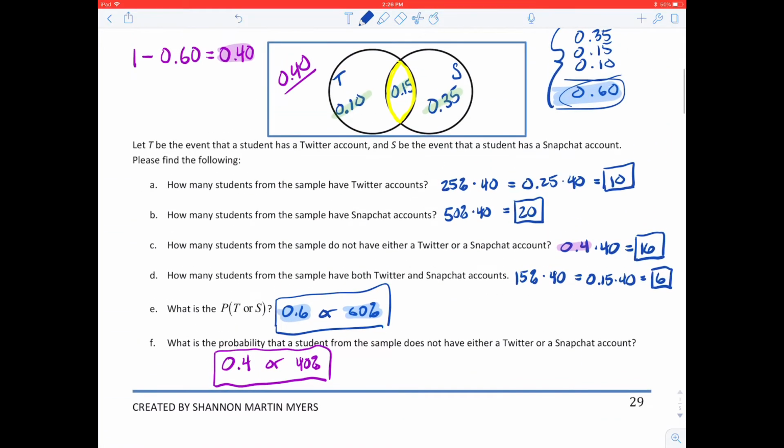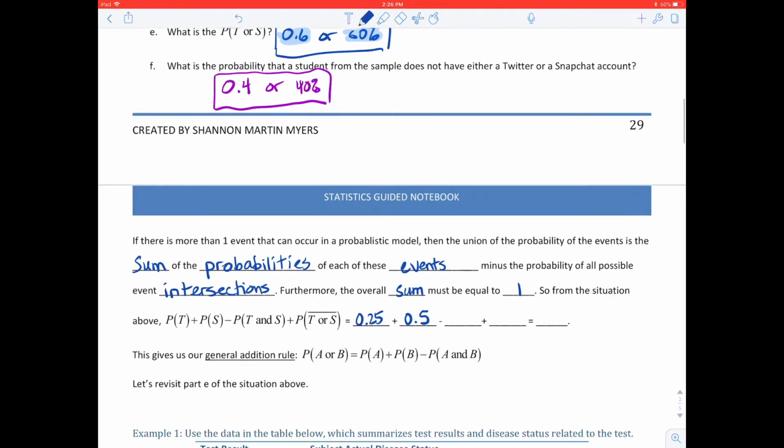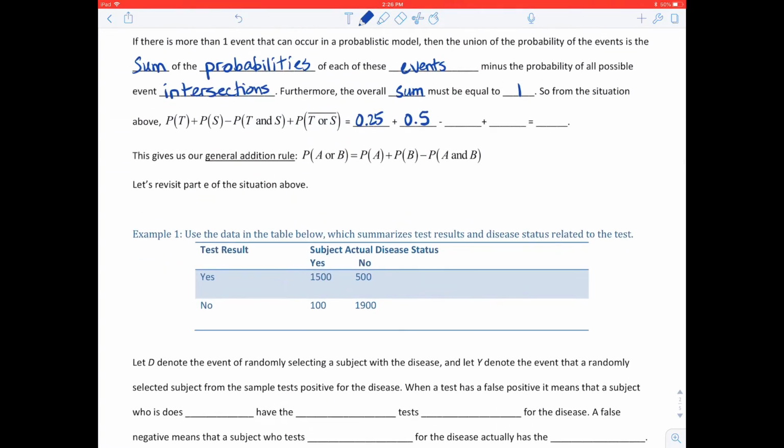So remember, in that yellow intersection area, the probability that they have both types of accounts was 0.15, plus the probability that they don't have either, which was 0.4. And when you add all these up, what do we get? The first two summed is 0.75 minus 0.15 is 0.6 plus 0.4 is 1. Yay! So this ends up giving us our general addition rule.